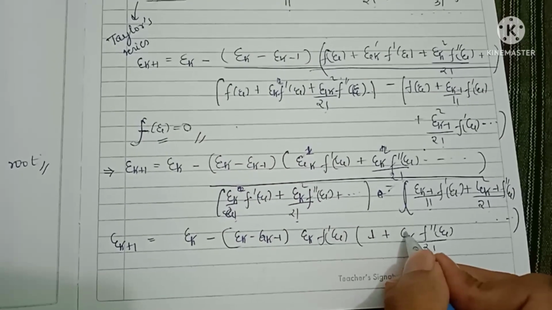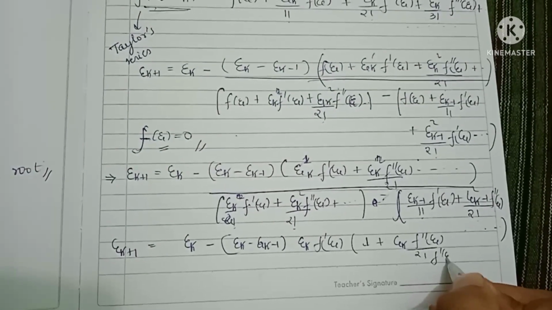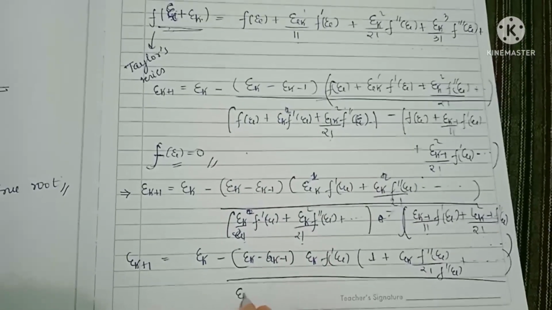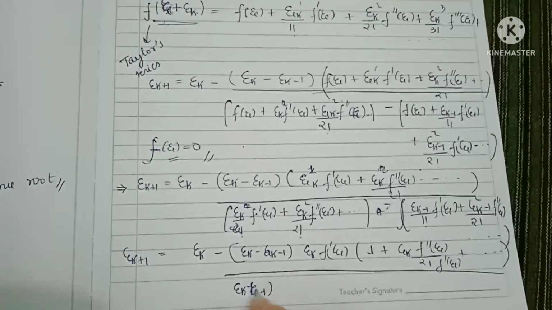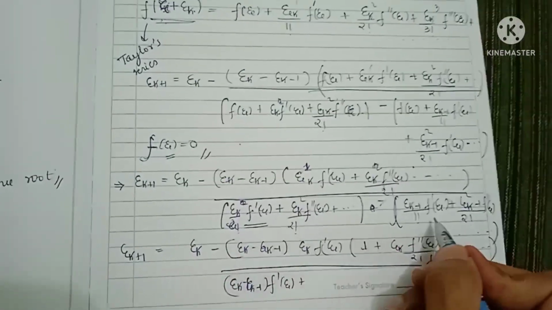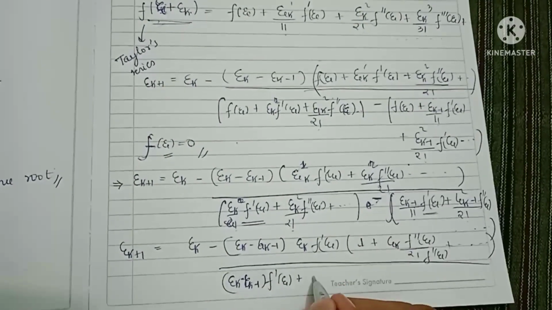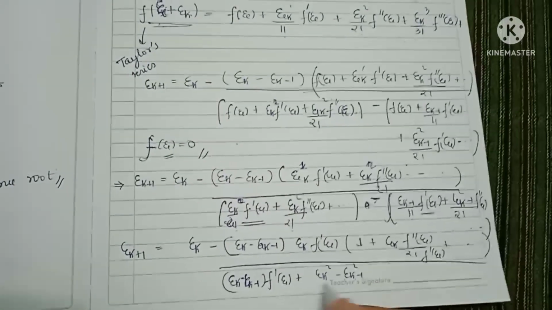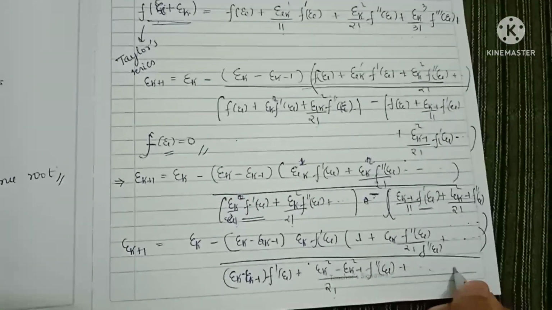If we have taken this common, this has a square and this would remain e to the power k and f dash epsilon plus dot, and here we would have e to the power k minus e to the power k minus 1 f dash epsilon. If you see, here we have this common and here we have this minus, e to the power k minus 1 epsilon k, plus we have e k square minus e k minus 1 square upon 2 factorial f double dash epsilon, and this would go on and on.